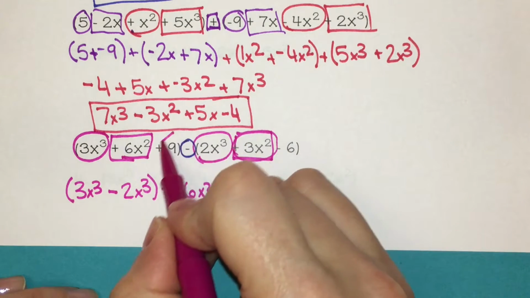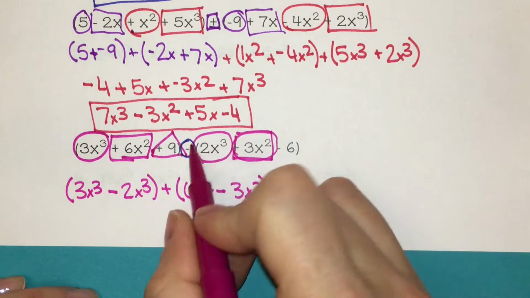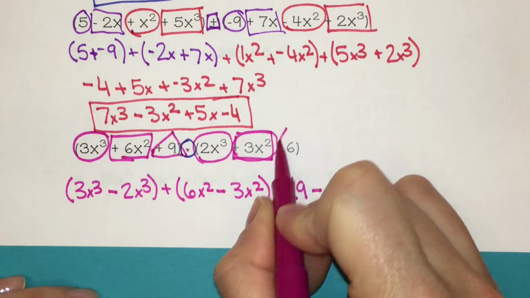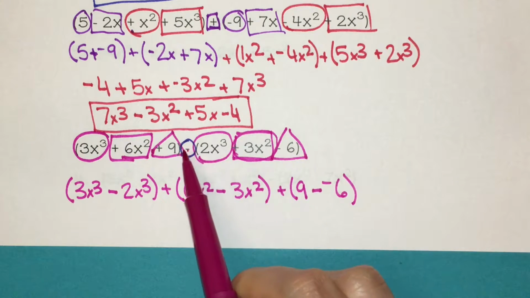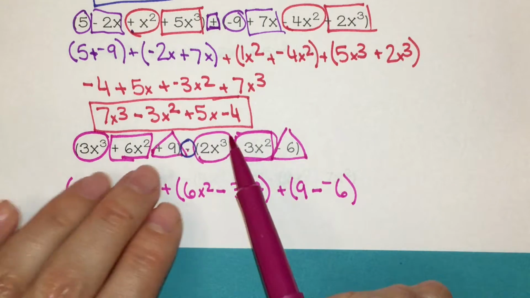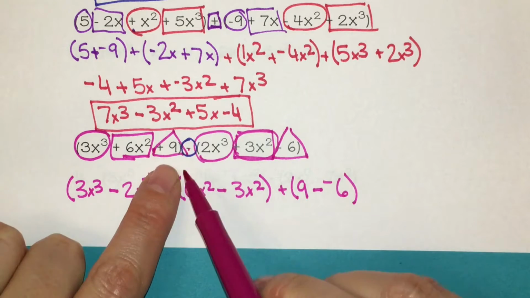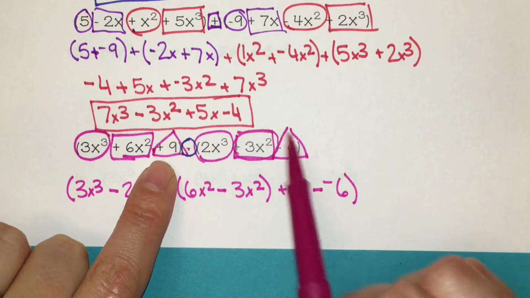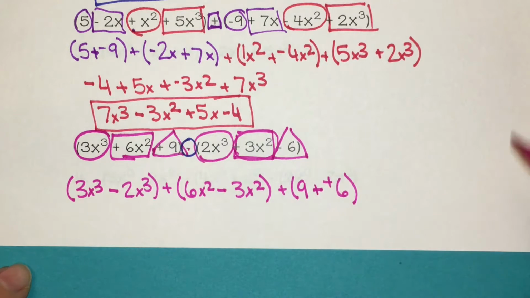Plus, here we have a positive 9 minus negative 6. That's where you have to be very careful. You have to remember that minus in between because we're combining this polynomial with this one, and for like terms, 9 minus the negative 6. Remember, minus a negative changes to plus a positive.